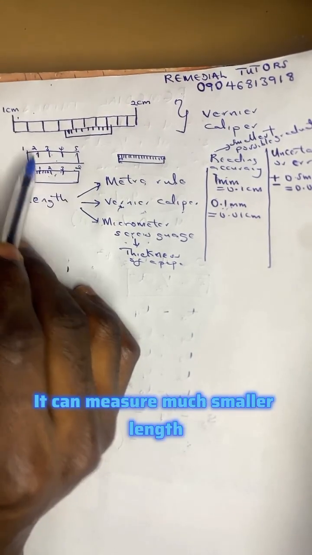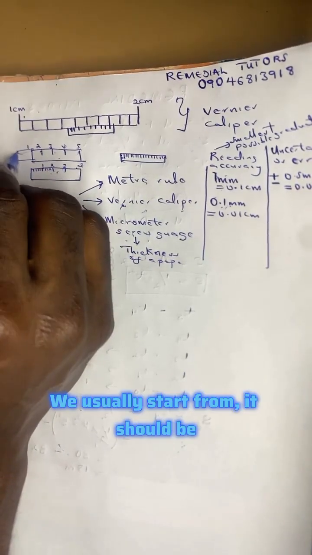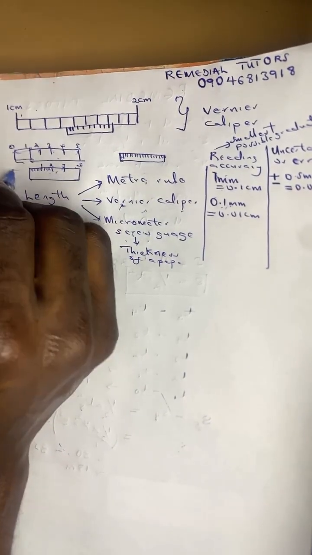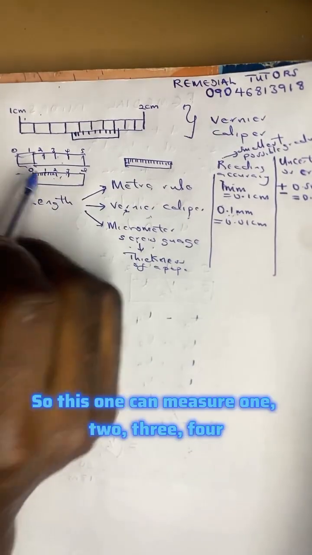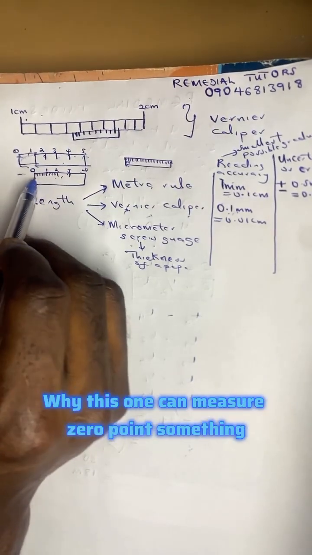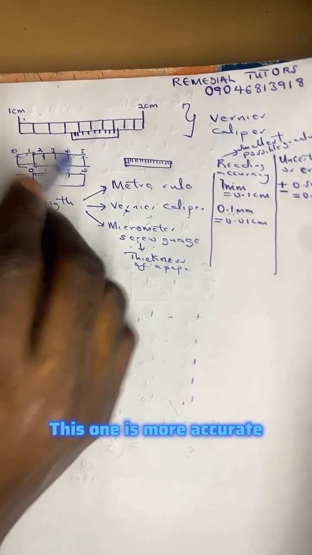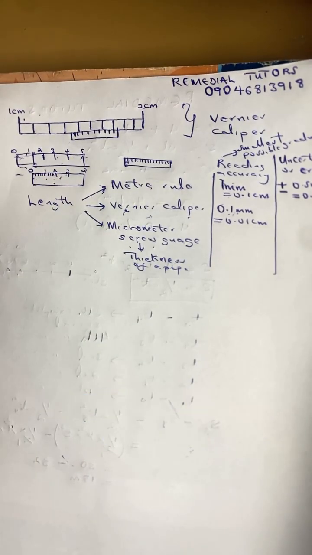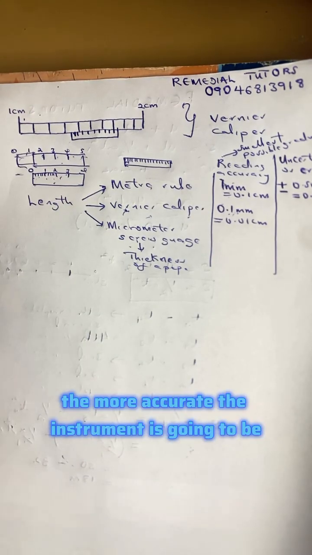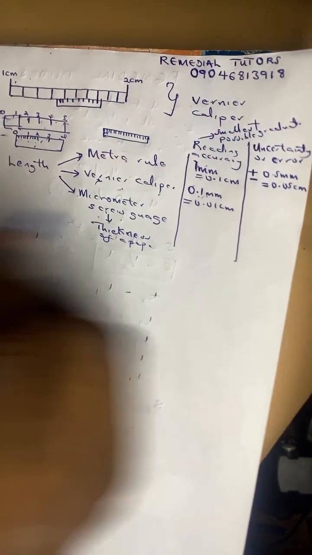It can measure much smaller length. We usually start from 0. So this one can measure 1, 2, 3, 4, but it cannot measure 0.5. Why can this one measure 0 point something? That's the meaning of accuracy. So the higher the number of graduations, the more accurate the instrument is going to be. So that's the basic thing there.